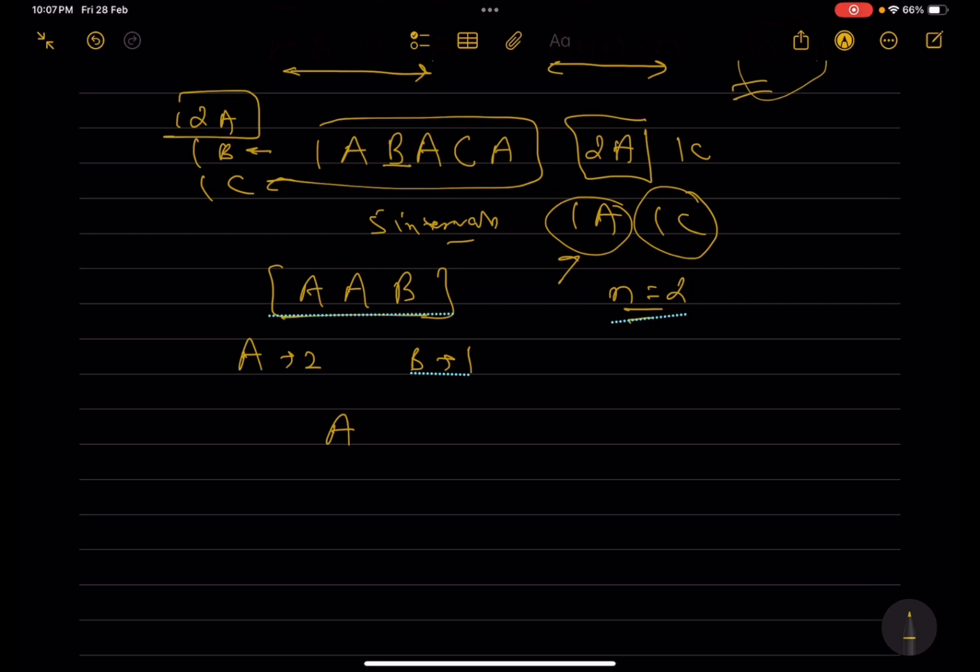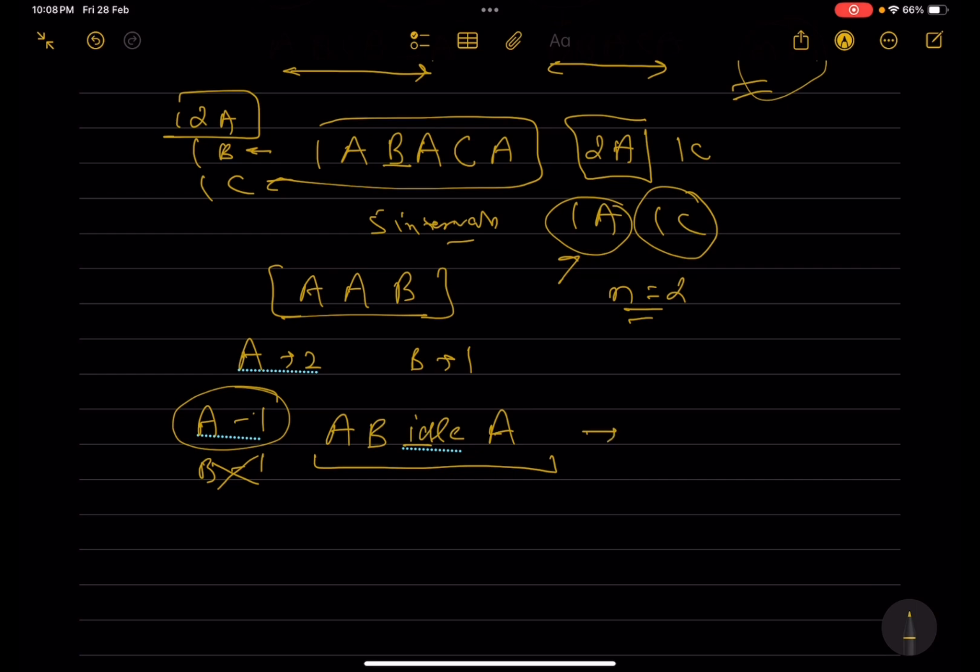Then now we have A frequency 1 and B frequency 1. We can perform B. Now only A is remaining. Can we perform A at the next execution? No. So the CPU has to be idle. And now I can perform A. So how many intervals are required here? 4.